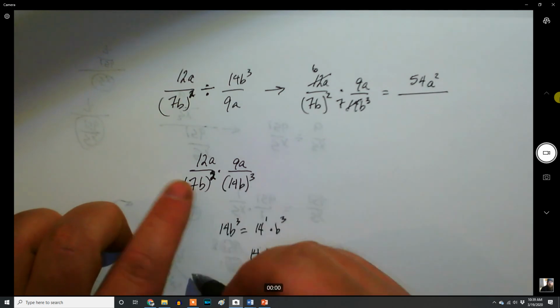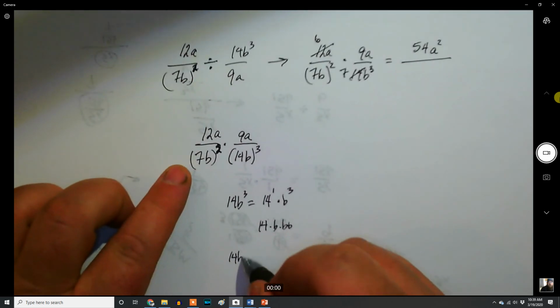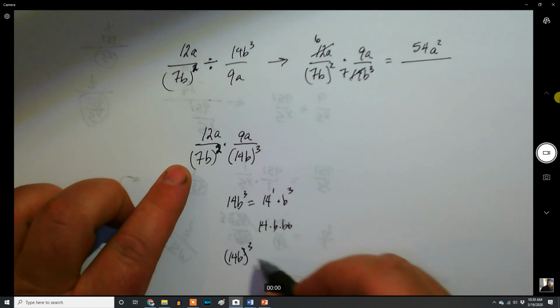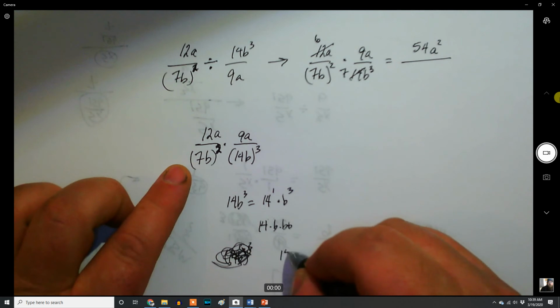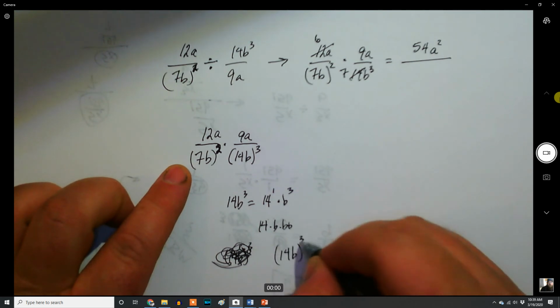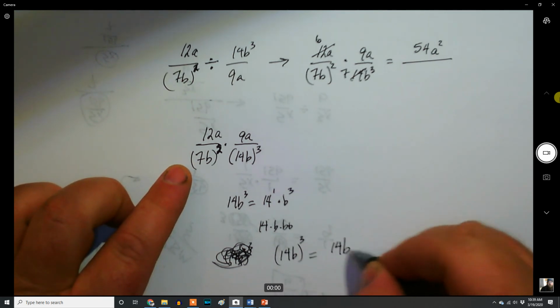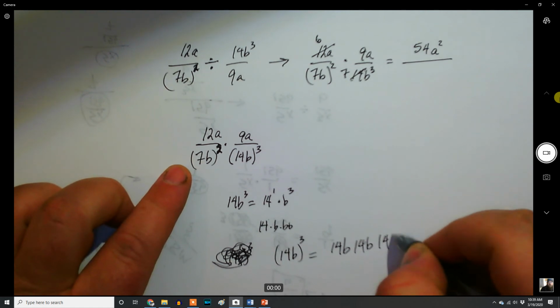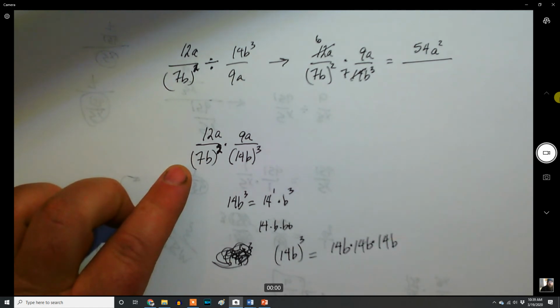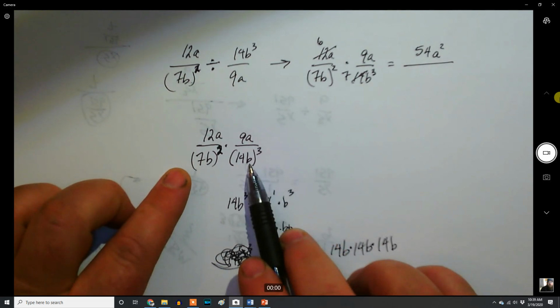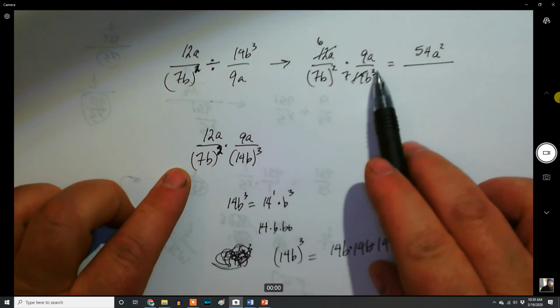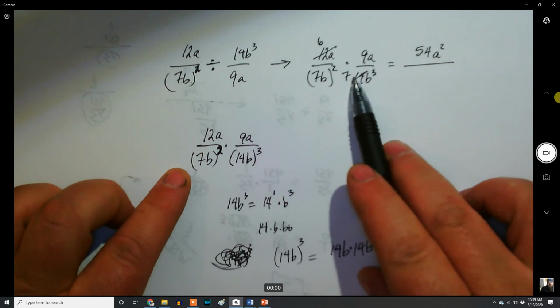Whereas this one right here, (14b) cubed, means 14b times 14b times 14b. So it's totally different because of the group. This parentheses makes this a group. So this one's different. This is b cubed, not 14 cubed.